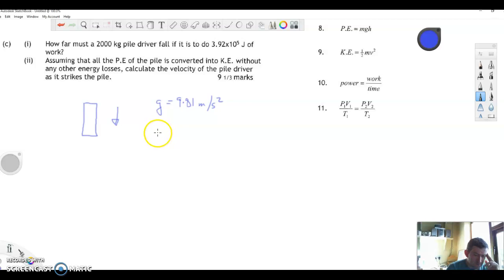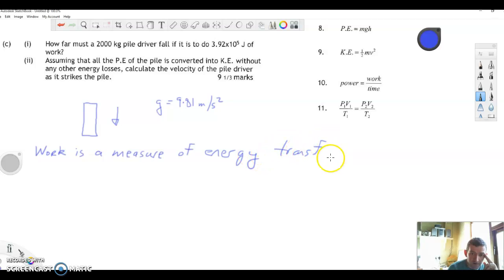Now what's work? Work is a measure of energy transfer, right? That's one definition of work.